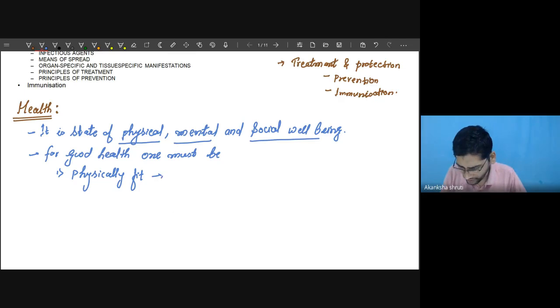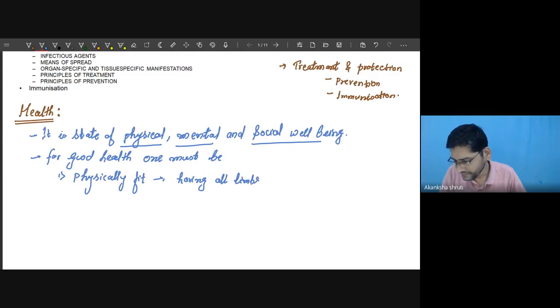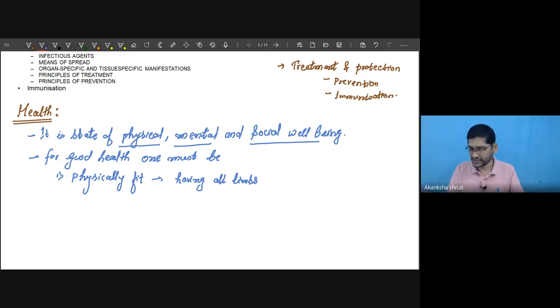So he possesses all organs or limbs, and he is able to adjust in the environment or in the nature where he is surviving, and adjust in the physical environment.